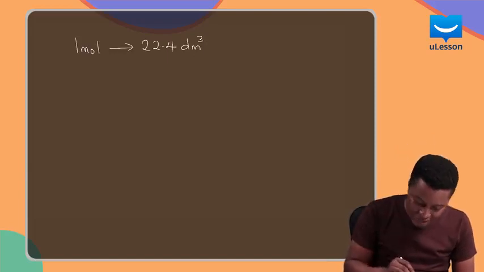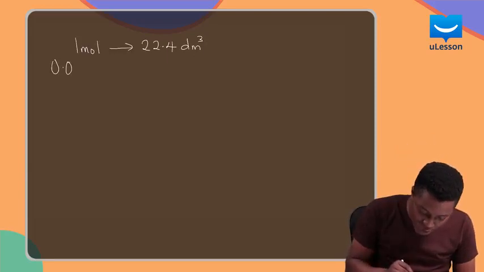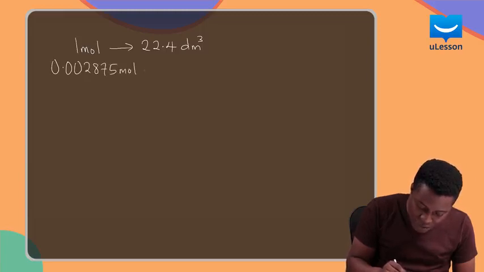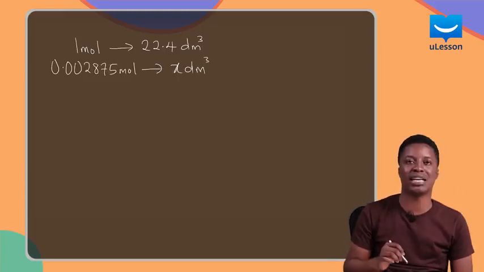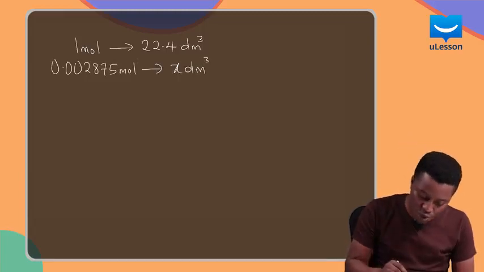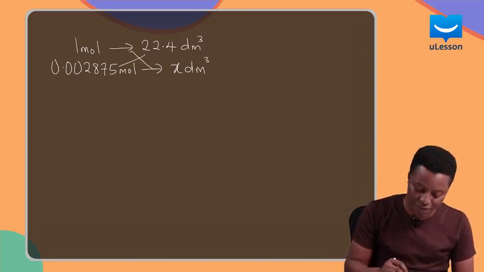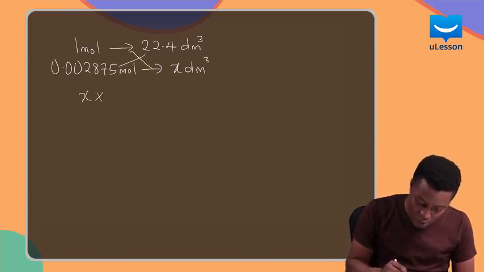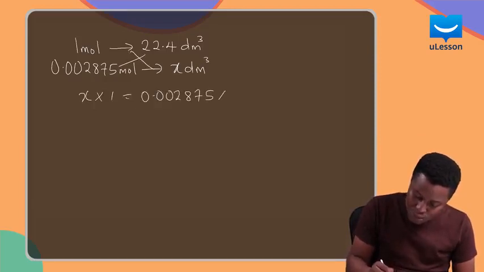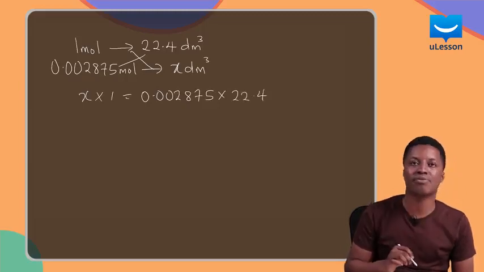So, since we have 0.002875 moles of the gas, we'll find out the volume that will be occupied by this number of moles of the gas. What we have to do is to cross multiply this, and we'll have the volume X times 1 to be equal to 0.002875 times 22.4.